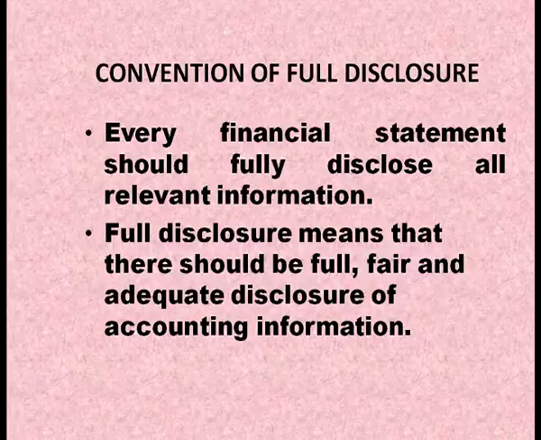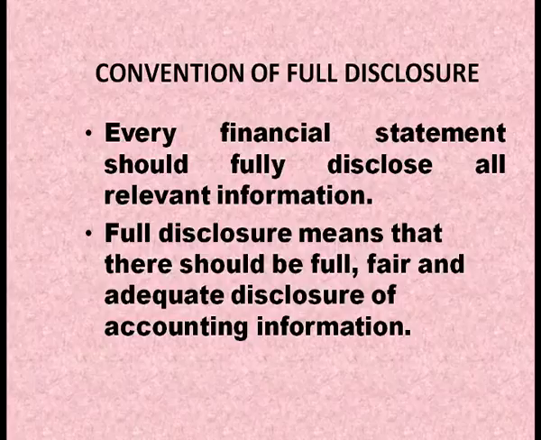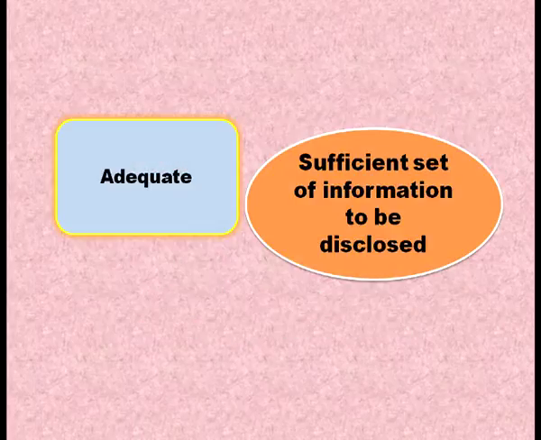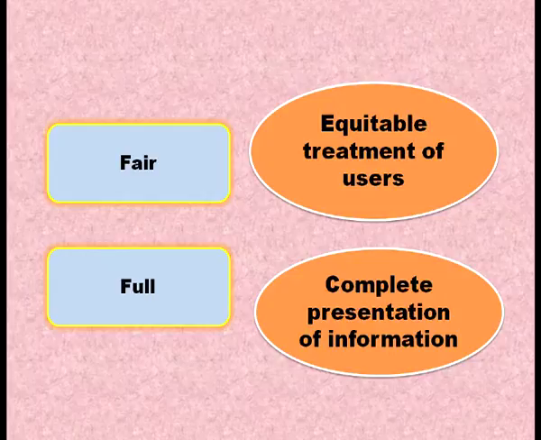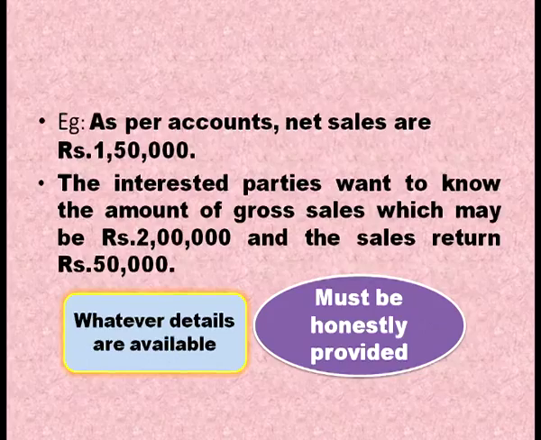Full disclosure means that there should be full, fair and adequate disclosure of accounting information. Adequate means sufficient set of information to be disclosed. Fair means equitable treatment of users. Full means complete presentation of the information.